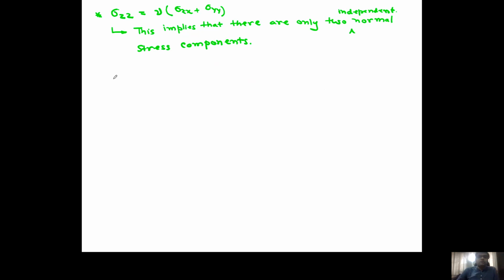Now, what happens to sigma xx and sigma yy? Let us see. We have epsilon xx equal to sigma xx by E minus nu by E sigma yy minus nu by E sigma zz.